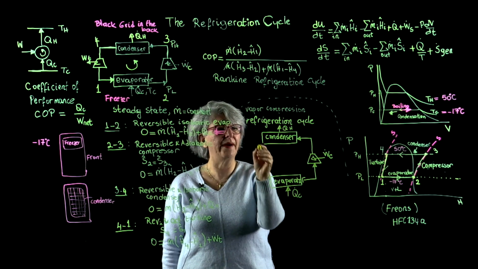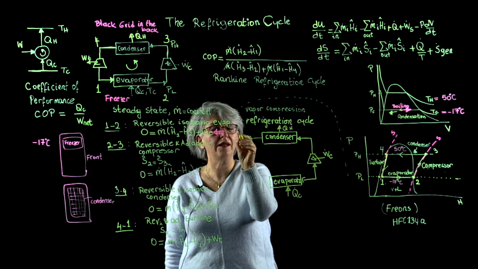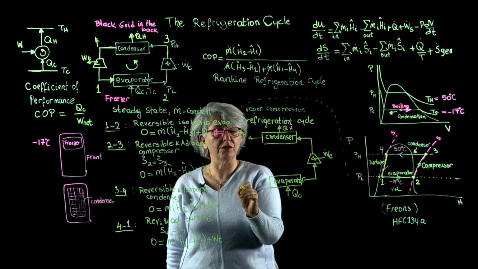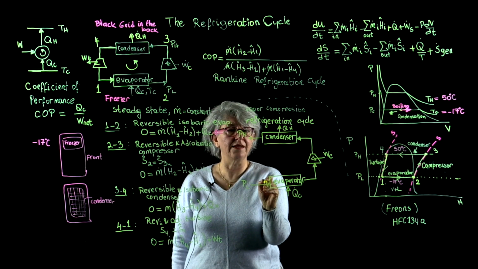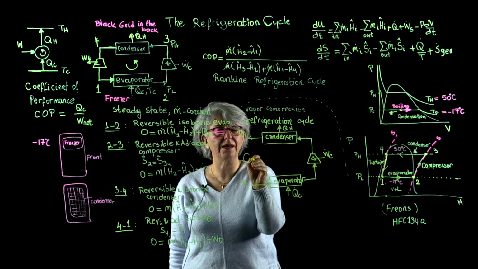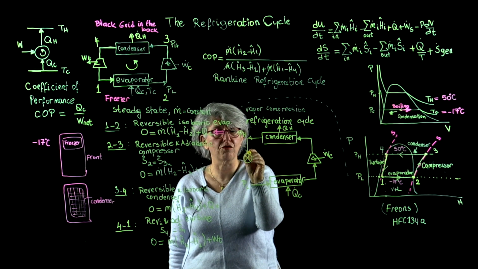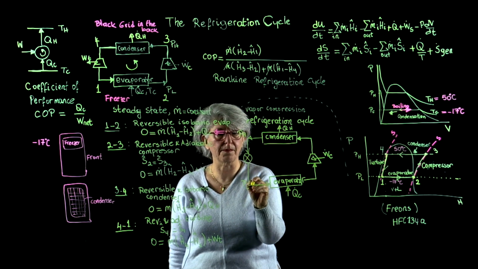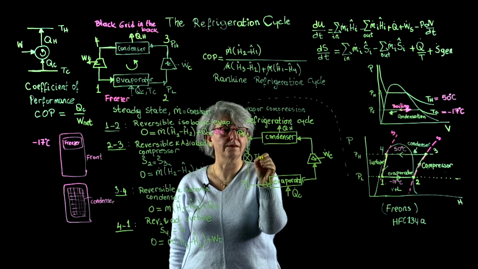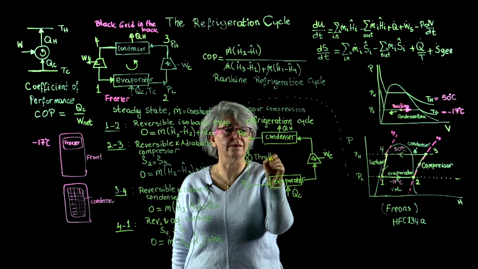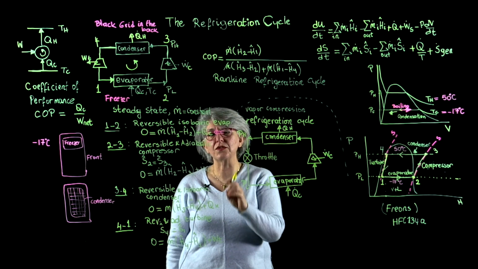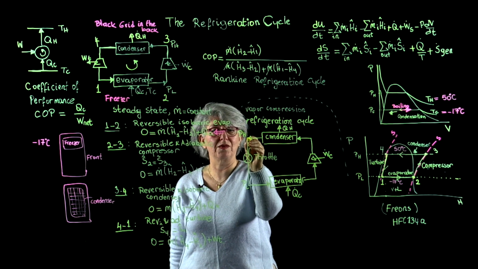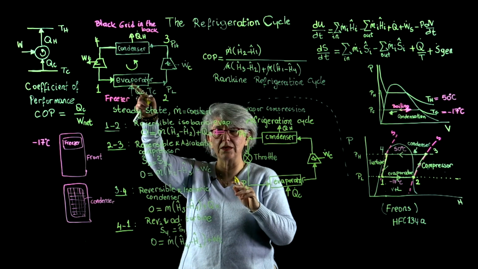Now, coming back from this high pressure domain to a low pressure domain is achieved by a process called throttling. So we have a throttle valve. In that throttle valve, we are not concerned about obtaining work.